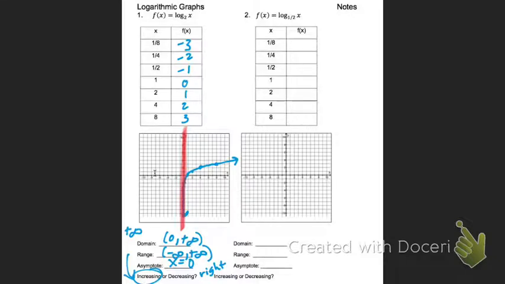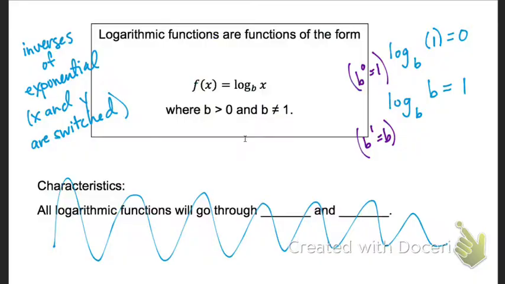Positive. As x is going to 0, negative infinity. So it's just like the range again. I'm going to skip this one just for time's sake.